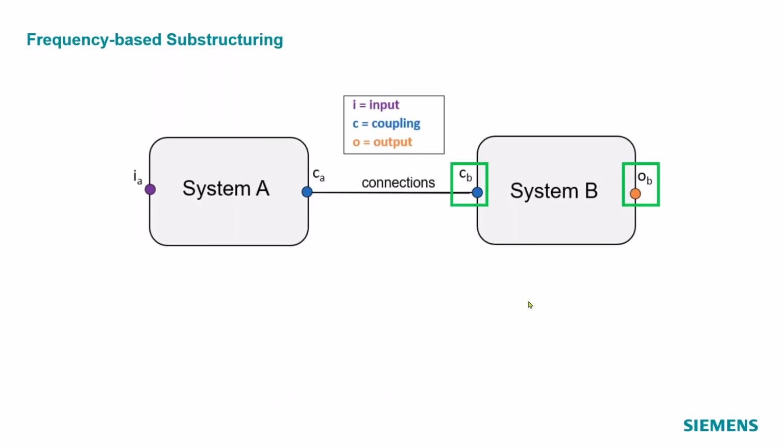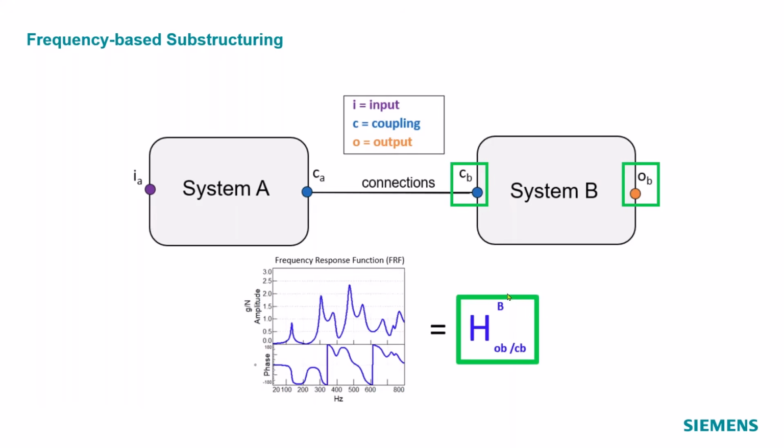System B, there are also cross-term FRFs that we're going to be looking at, where we have an H, or an FRF, on system B, and the output is on the output of system B, and the force input was at the coupling location on system B. H^B_{OB/CB} just means it's hit here, measure here, and it's this cross-term FRF.